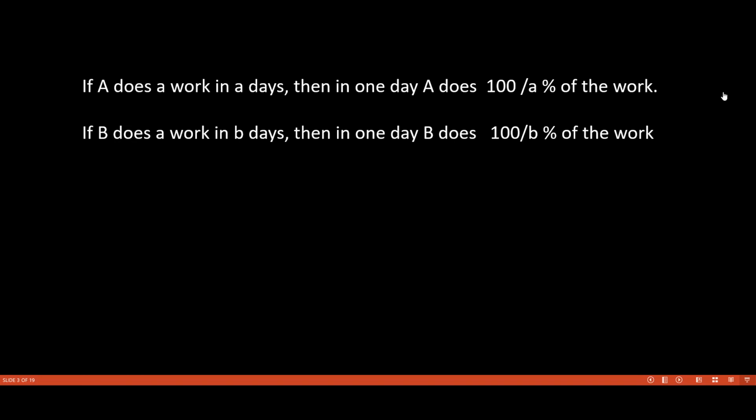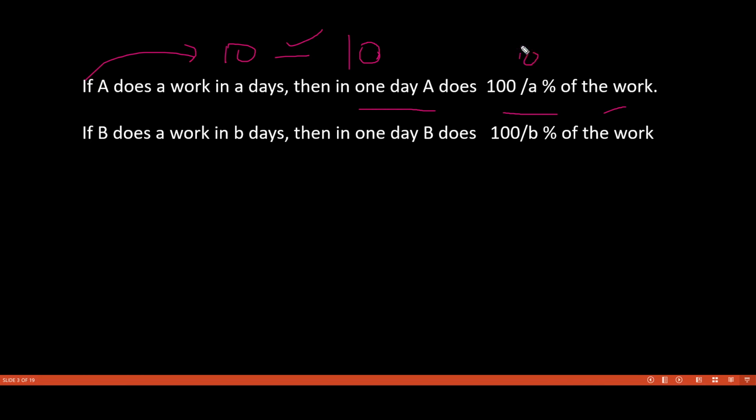For example, it is given that A does a complete work in 10 days. Then in one day A does 100 by A percent of the work. So if A completes a work in 10 days, in one day A completes 100 by 10, that is 10% of the work.